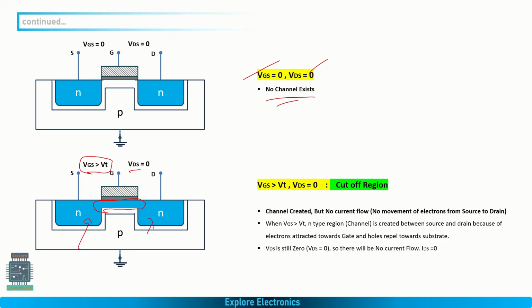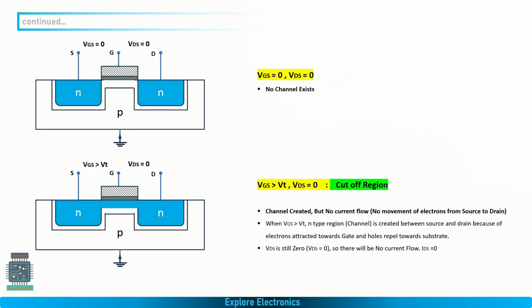Because the current would flow from drain to source, since the voltage we apply at the drain is positive and the source is negative. Since VDS is 0, there is no current flow, even though because of VGS there is a channel created. This region is called the cutoff region. Even if we apply gate voltage and the channel is created, with VDS equal to 0 there is no current flow, and we call it the cutoff region of operation.